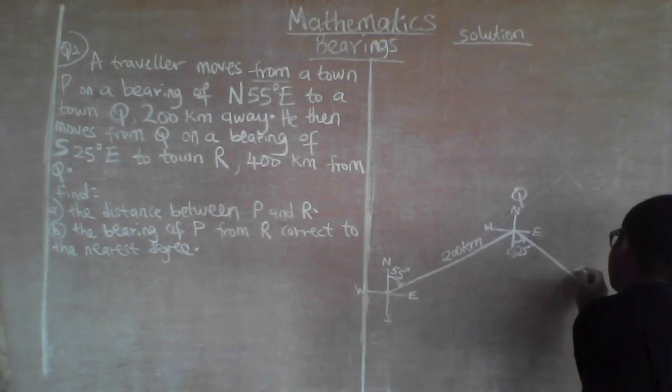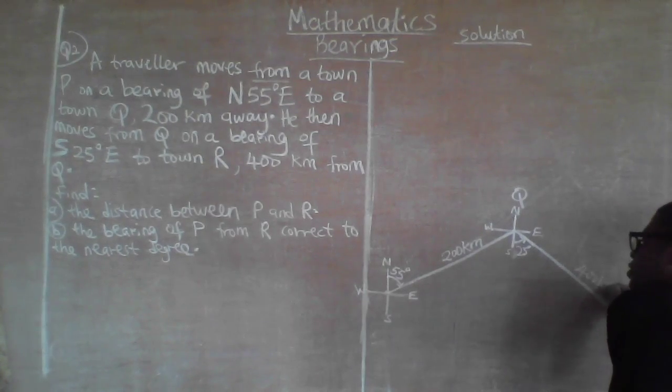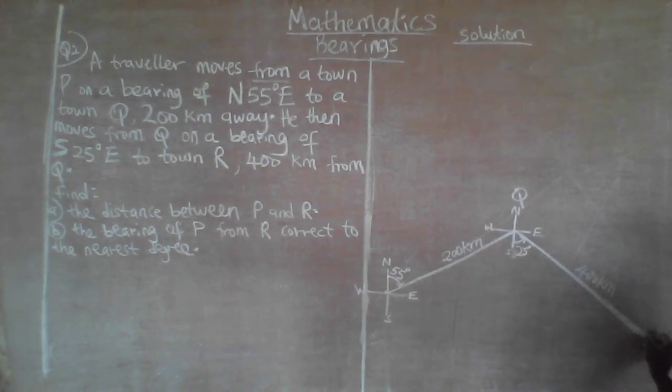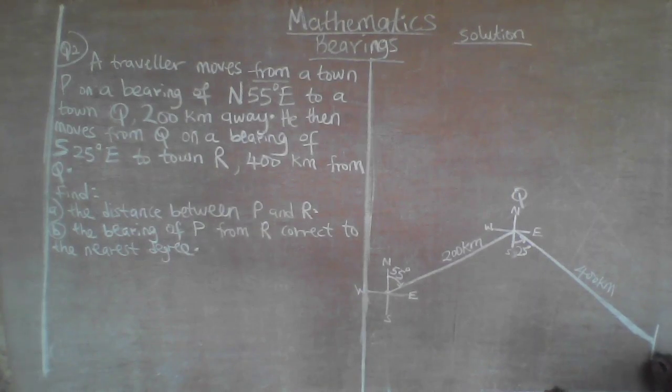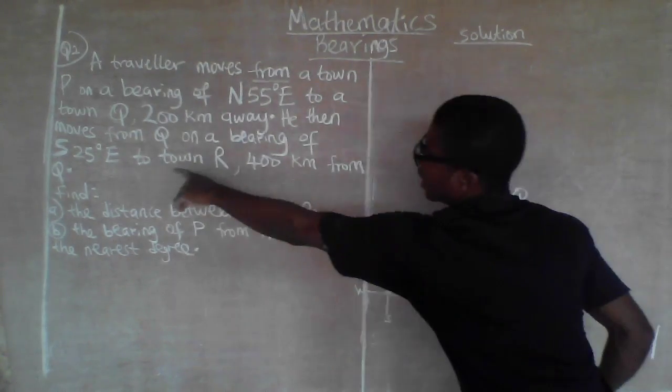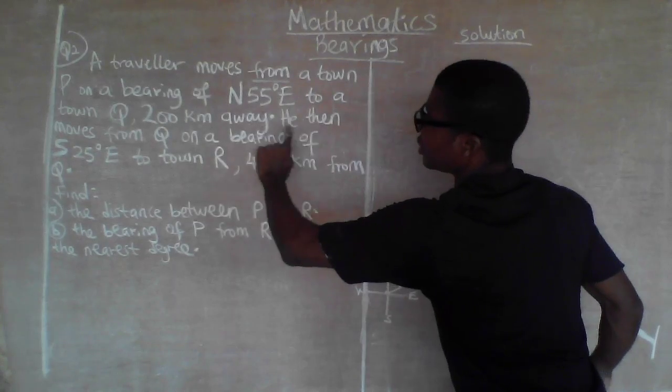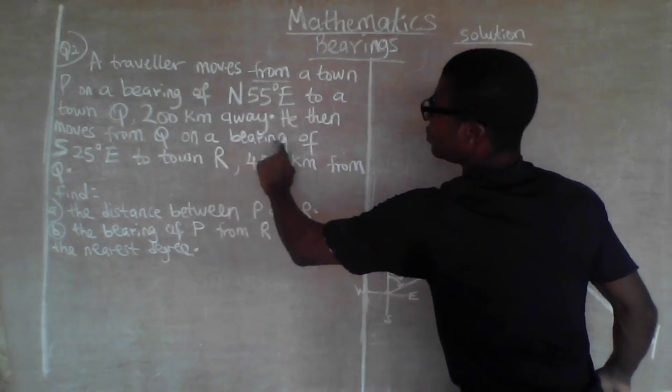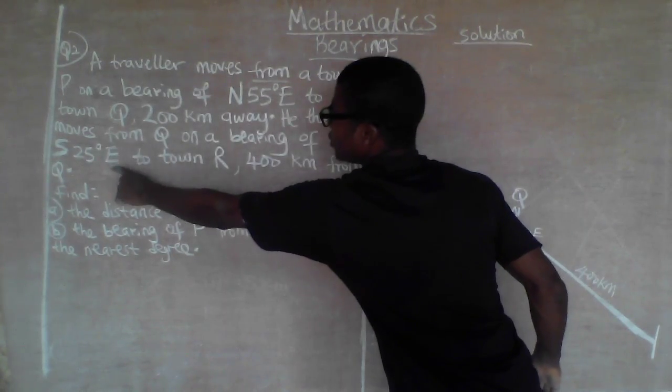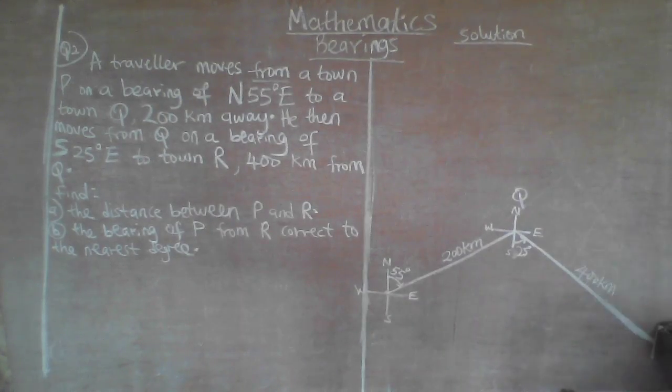So this is 400 kilometers from Q. Where the line stops is town R, because he moved from Q on a bearing of south 25 degrees east to town R. Then I put the cardinal points north, east, south, west.